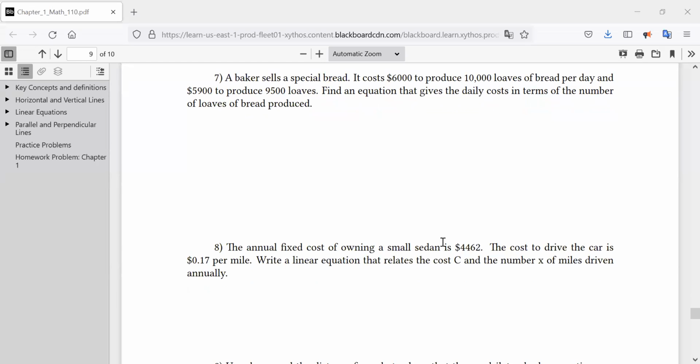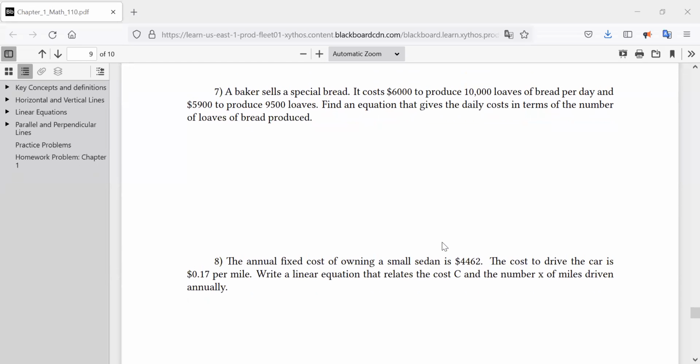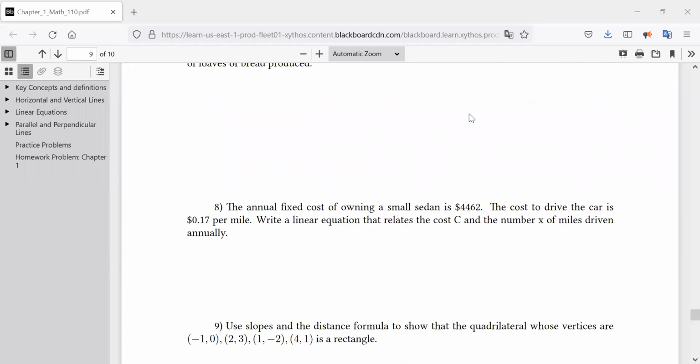Okay, sure. Let's do number 8 here. The annual fixed cost of owning a sedan is $4,462. Maybe that's how much you have to pay for registration and annual checkups at your mechanic and so on.